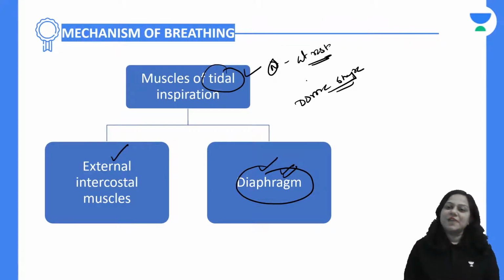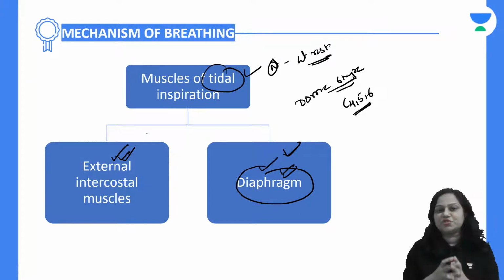The muscle fibers arise from the xiphisternum, lumbar vertebrae, and the inner surface of the lower 6 ribs, and it is supplied by C4, 5 and 6.